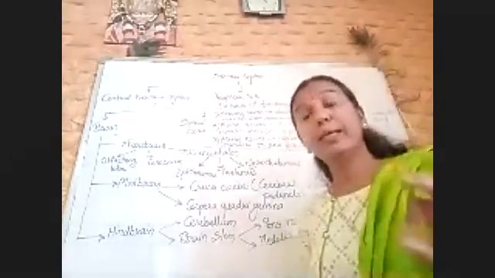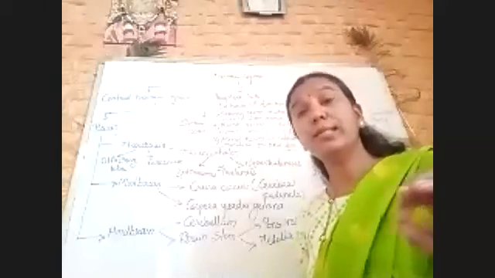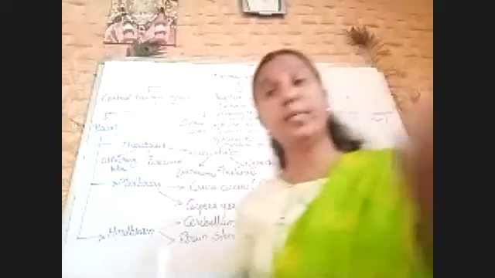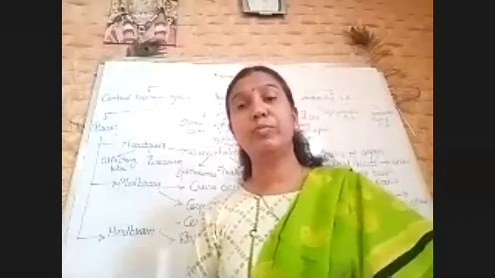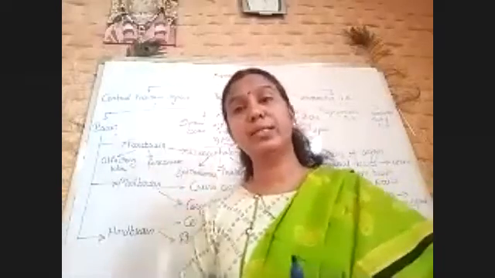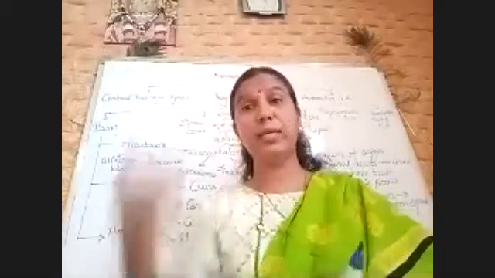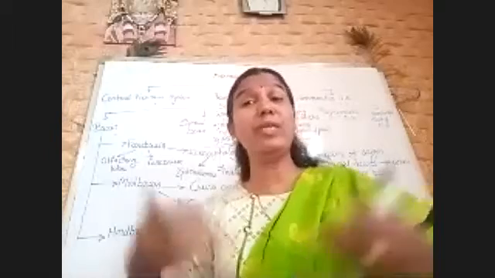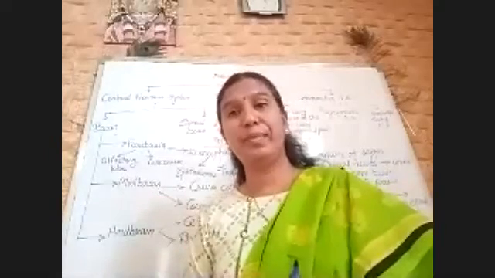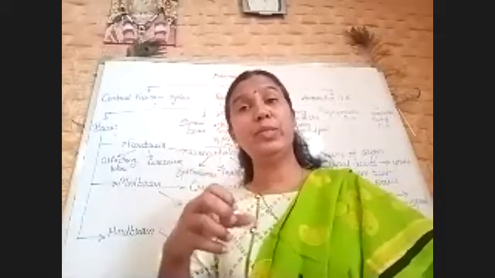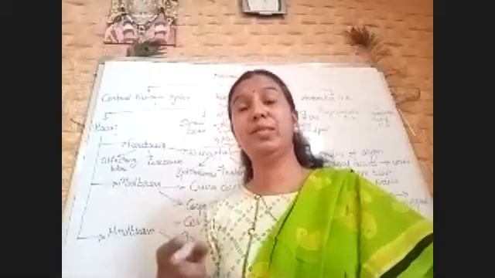So the sympathetic nervous system will always act when there is an emergency condition. So suppose in front of us, if a tiger comes, whatever changes occur in our body, that will be due to the sympathetic nervous system.